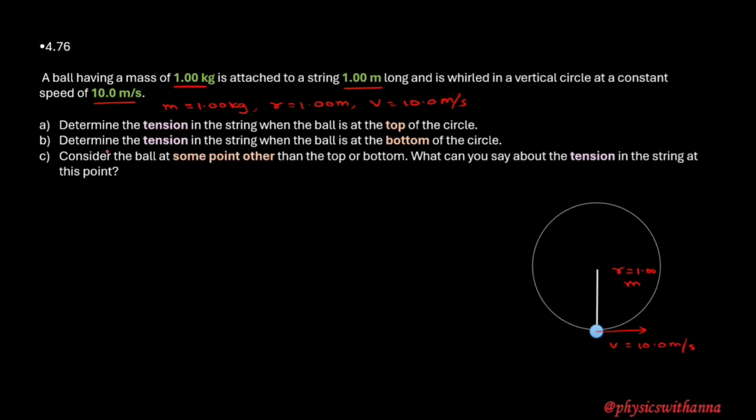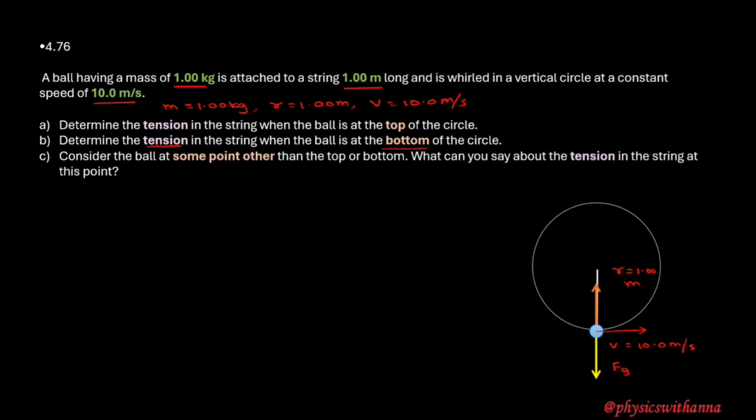Next, in part B of the question, they want you to determine the tension in the string when the ball is at the bottom of the circle. Again, first we will find the forces acting on the ball at the bottom of the circle. First, you have the force due to gravity, which we will write as Fg, pointing vertically down.